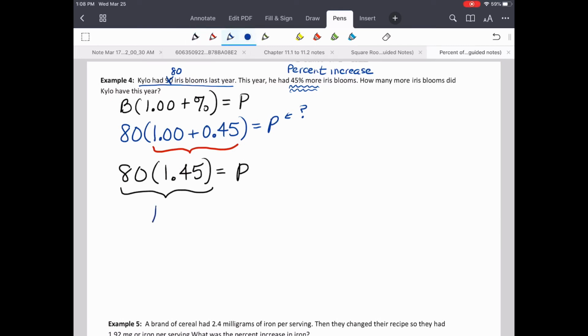And I got 116 equals P. And that is how many blooms there were. So there was 116 iris blooms this year.